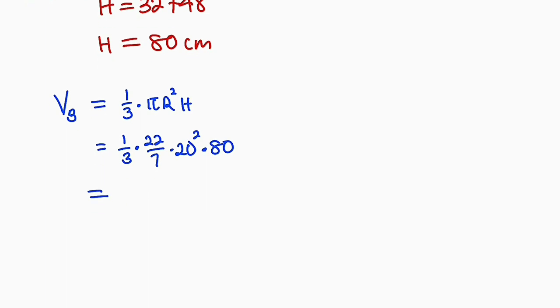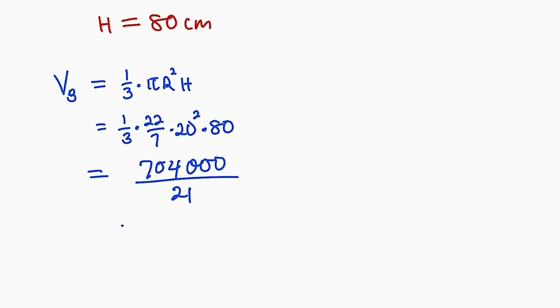So I will take 22 times 400 times 80, which is 704,000. Divide by 3 times 7, which is 21, and we have 33,523.81 cm cubed. This is the volume of the bigger cone.